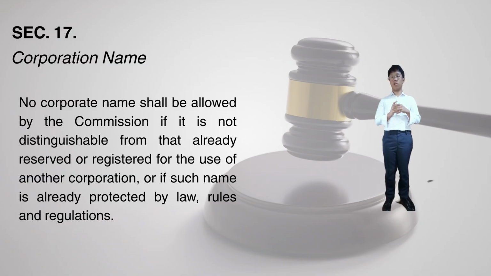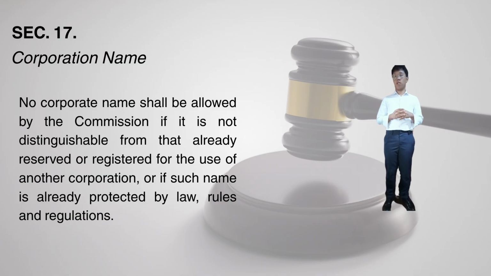The Commission shall also cause the removal of all visible signages, marks, advertisements, assets, prints, and other effects bearing such corporate name upon the approval of the new corporate name.